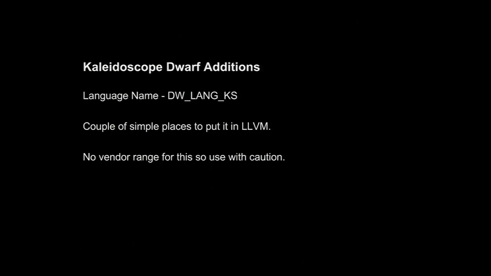I'm just going to add my own little vendor-specific dwarf information. Language tags are not vendor-specific, so be careful or you'll be using the Go or Python or Rust or Swift. I think Swift got in, the Swift language tag. Make sure you don't do that.